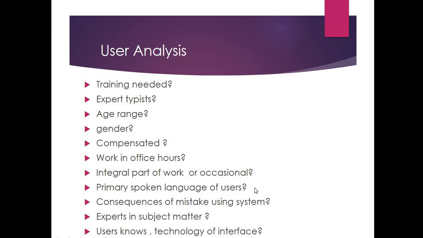If they speak a different language and the software interface is going to be developed in a different language, appropriate training has to be developed. The next one is if the user makes any mistake, that we need to identify.